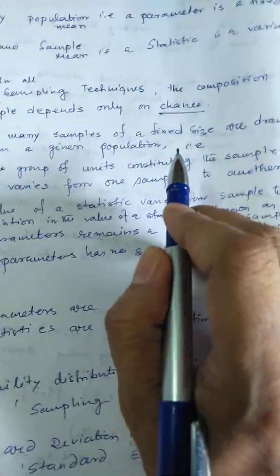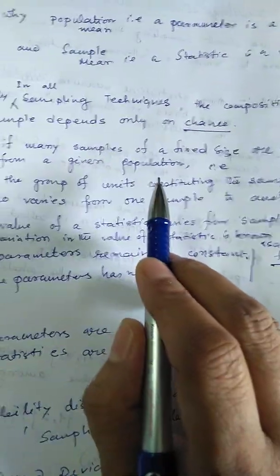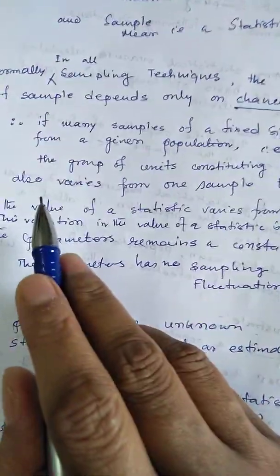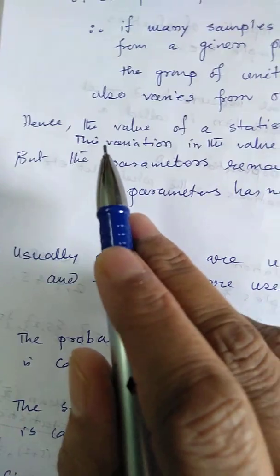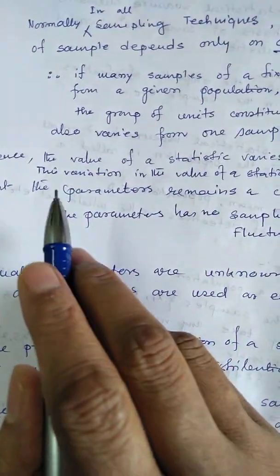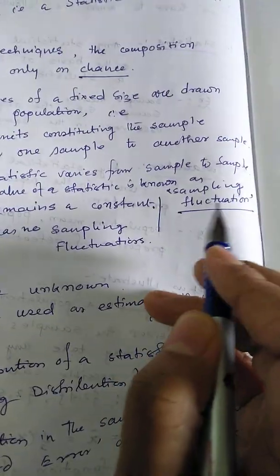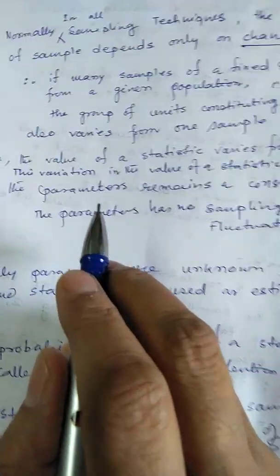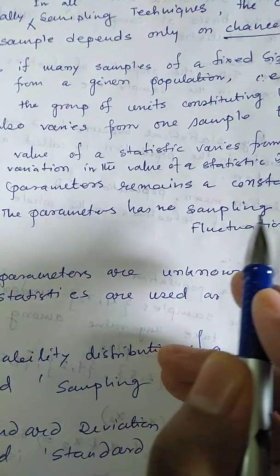Therefore, if many samples of a fixed size are drawn from a given population, the group of units constituting the sample also varies from one sample to another. Hence, the value of a statistic varies from sample to sample. This variation in the value of a statistic is called sampling fluctuation. But the parameter remains a constant value, that is, the parameter has no sampling fluctuation.